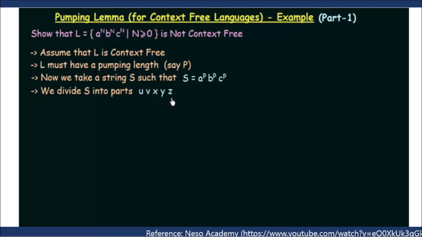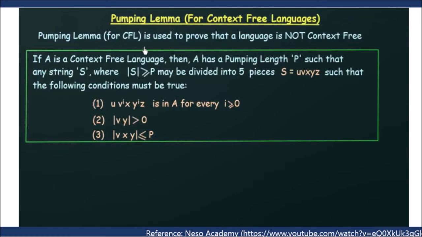So let us just look at the rules of this pumping lemma that we studied in the previous lecture, just to recall those. This is the rule of pumping lemma that we studied. And we said that if a language is context-free, then it will have a pumping length. So we already assumed that our language is context-free, so it will have a pumping length P. And then we have to divide our language into 5 pieces, U, V, X, Y, and Z, which we will do.